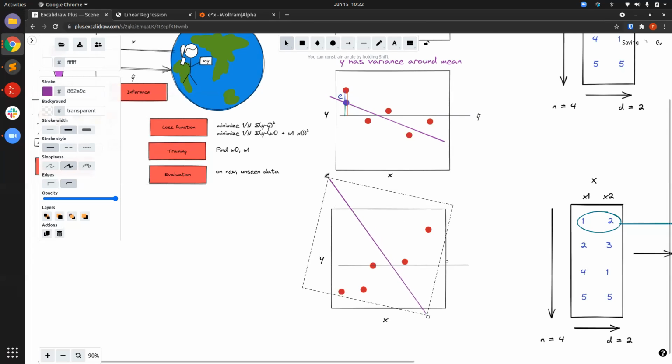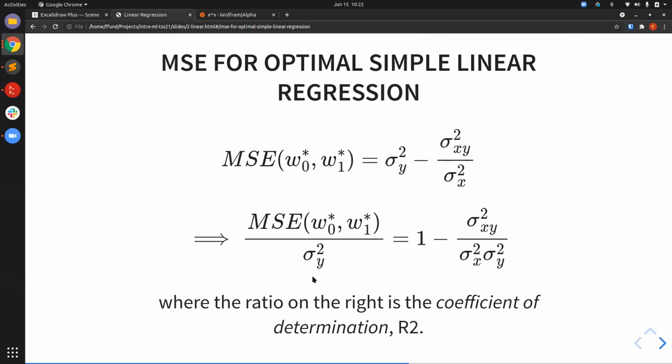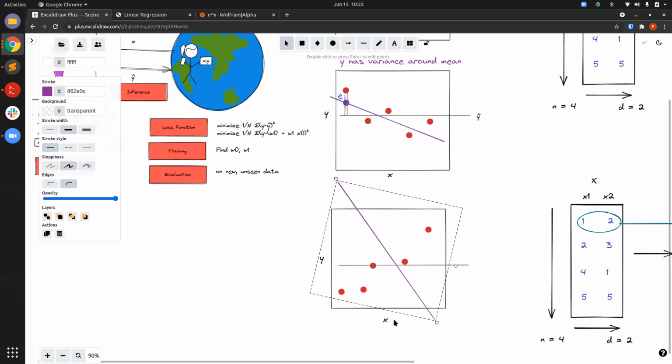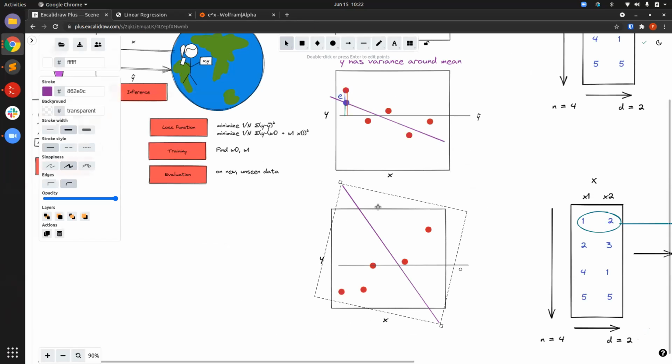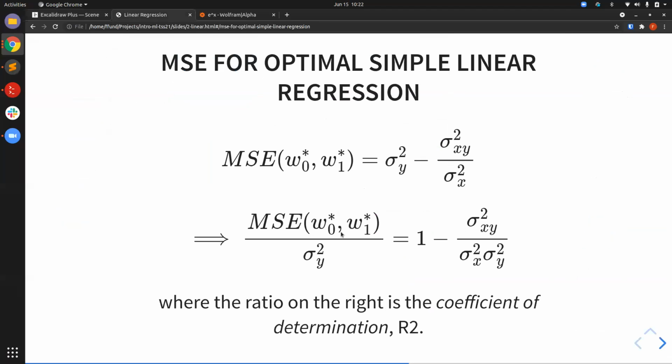So the error is the distance from, let's say, each point to the line. And when the model is pretty good and fits the data very well, then that ratio of error of purple model to error of the gray model is about 0. If the purple model becomes similar to the gray model, meaning it does about as well as prediction by mean, then this ratio is 1. And if it starts to do even worse than prediction by mean, it would increase above 1, right? So then this ratio would be above 1.